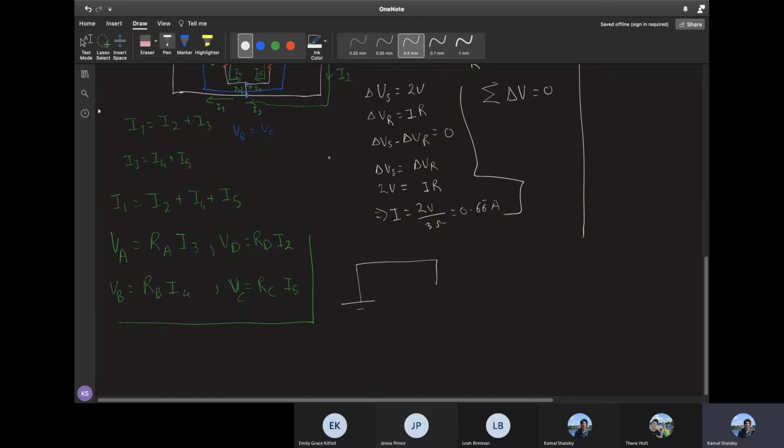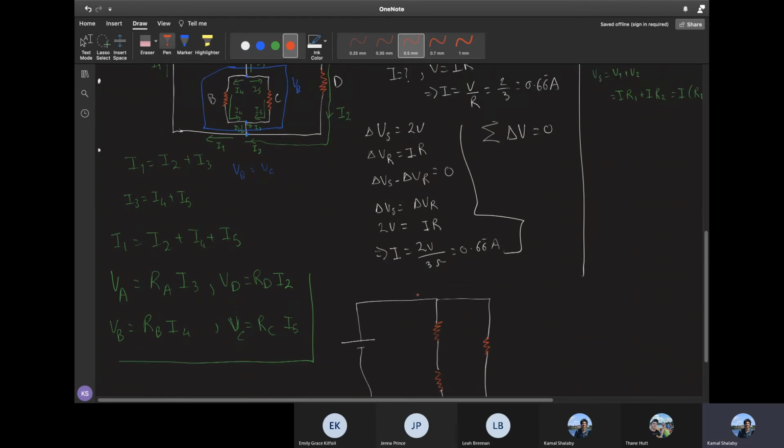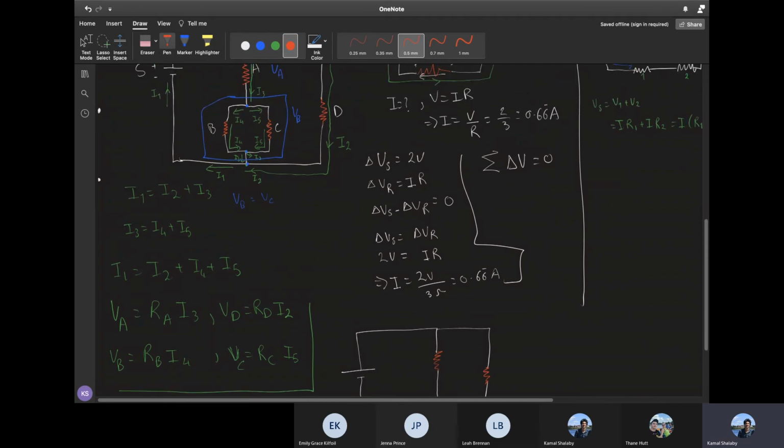Now we do have V of A and another resistor that can represent B and C. Since the potential difference on B and C is the same, you can just represent the potential difference in one go, as if it's one thing, right?